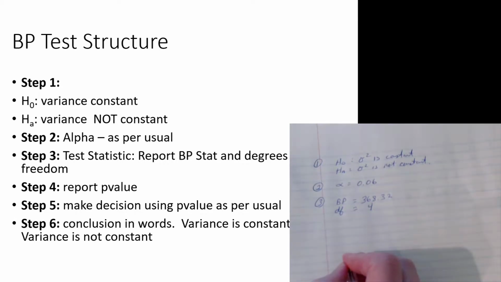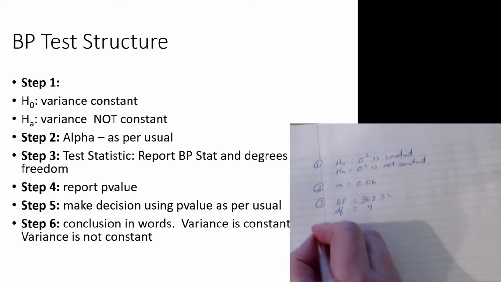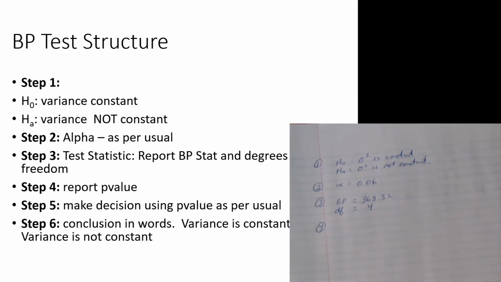Don't forget the degrees of freedom of 4. It is a chi-square distributed variable, and like every single chi-square distributed variable we deal with, it has degrees of freedom as one of its important parameters. Step 4 is the p-value, which means it involves Excel for us. So, Excel moment here.